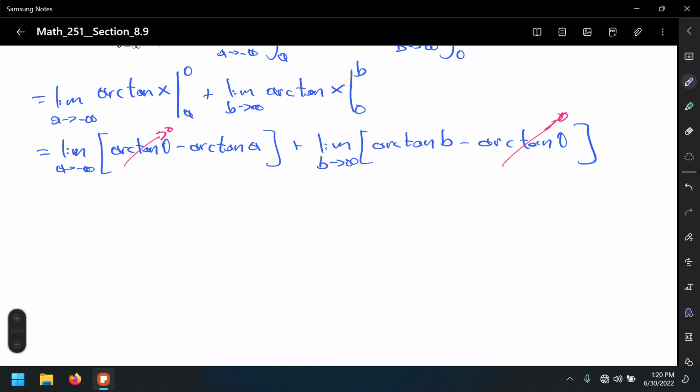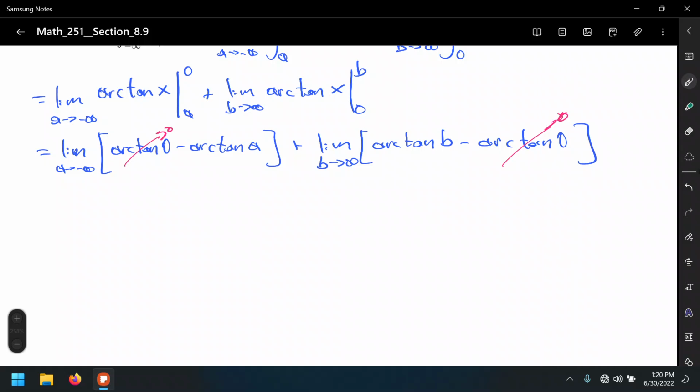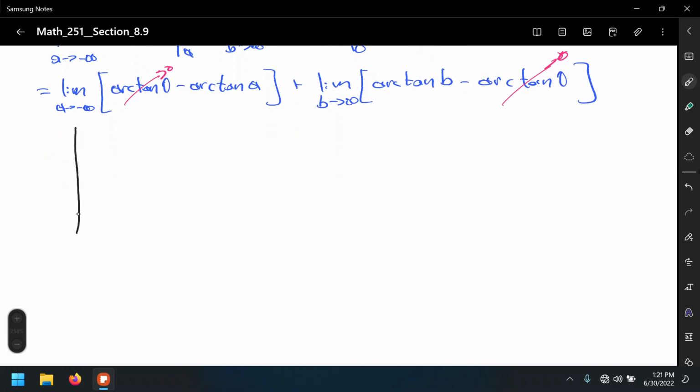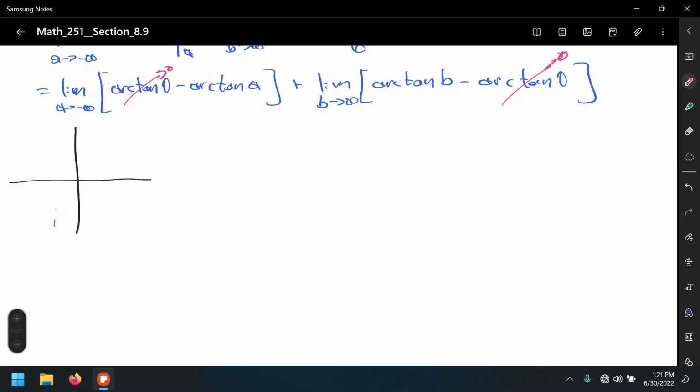Pi over 2, I hear pi over 2. And this is the reason why we started the semester with looking at inverse trigonometric functions, and more in particular the precalculus that involves them. So recall that the tangent function looks like this.